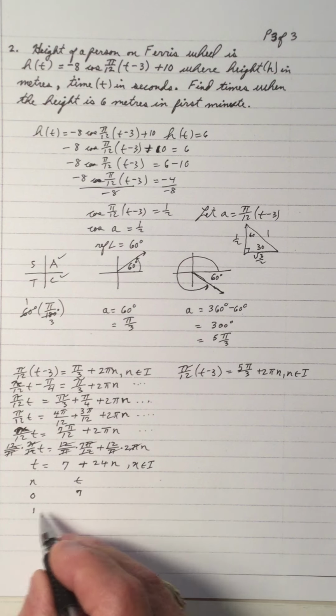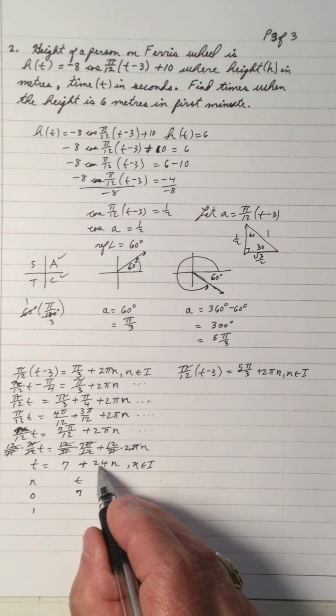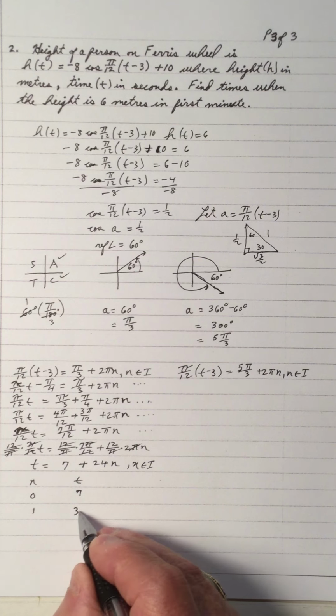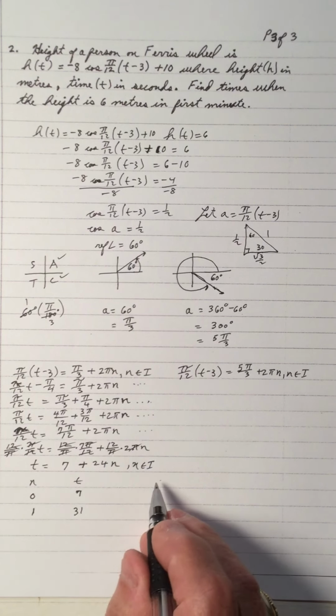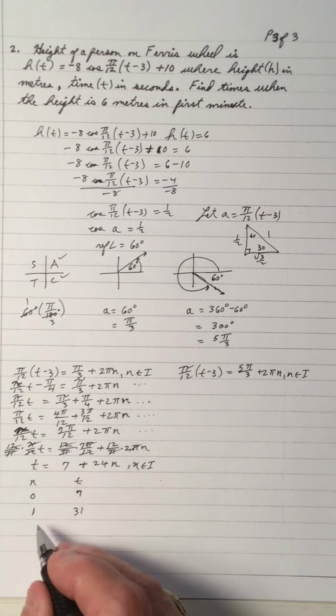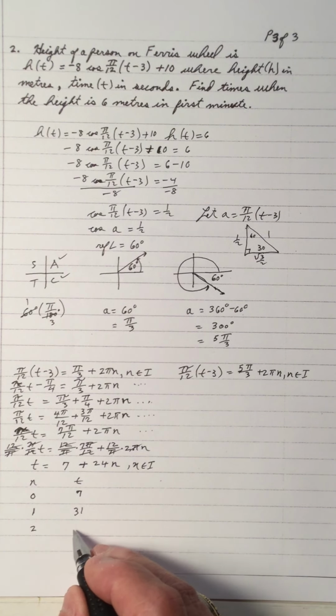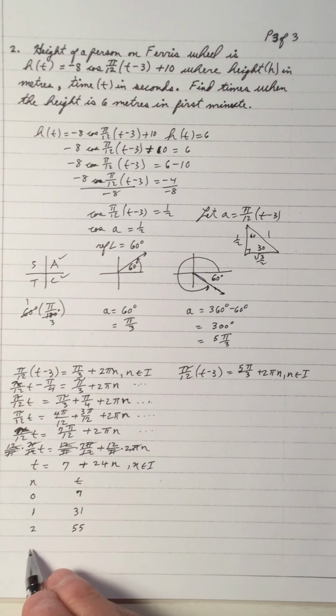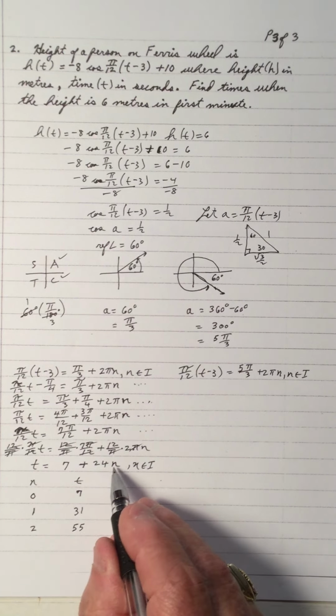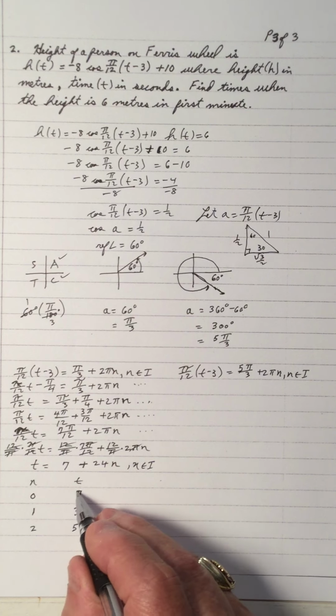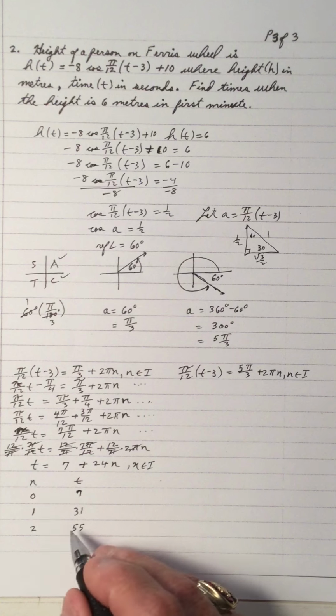When n is 1, 1 times 24 is 24, plus 7 is 31. And we'll do a 2. 24 times 2 is 48, 48 plus 7 is 55. And if we go with a 3, we'll get more. We want in the first, so that's up to 60 seconds. So that's no more for this one.